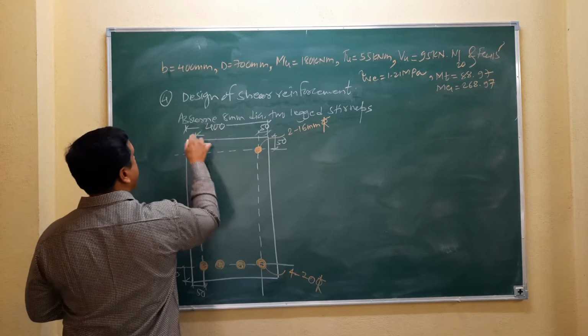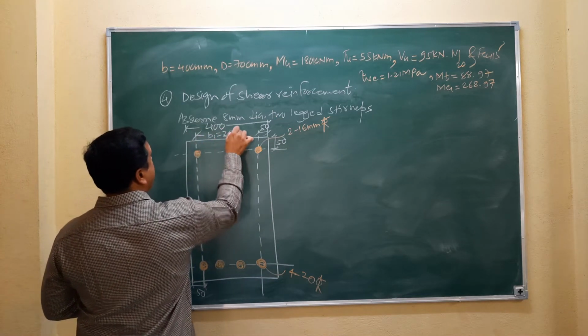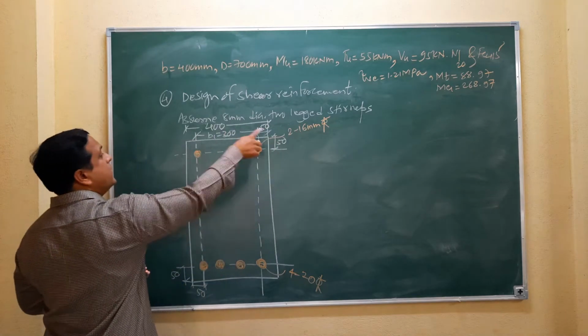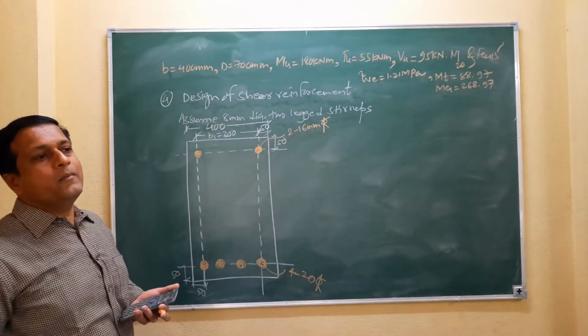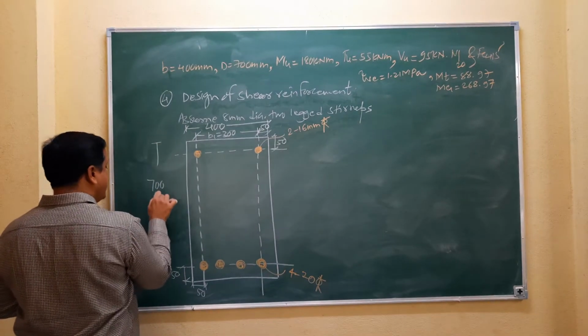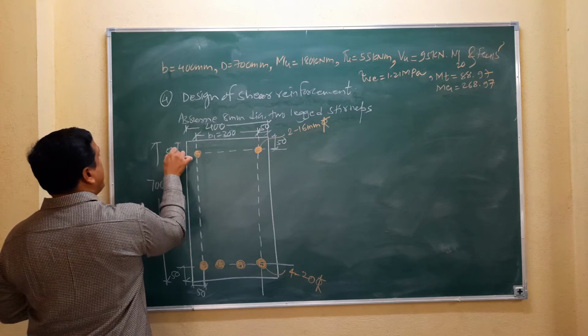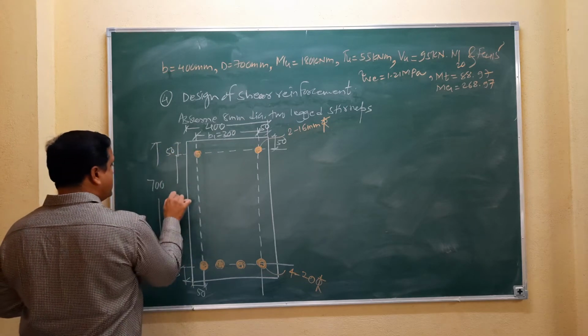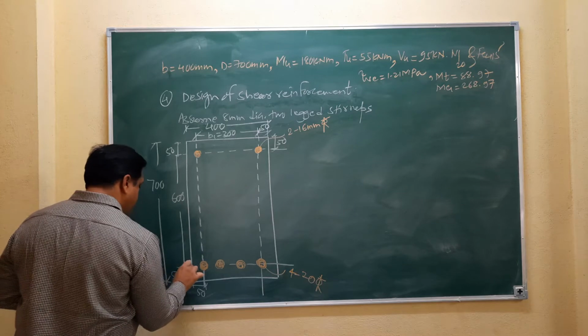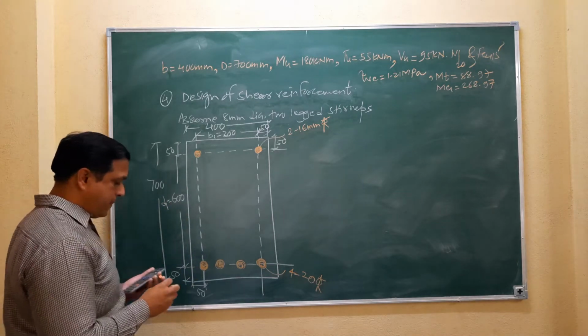If you deduct 50 from this, 50 from this, the b1 is 300 mm. That means 400 minus 50, 50, 400 minus 100, it is 300. Overall depth of section is 700 mm. Again deduct this 50, this 50, so the value of d1 is 600 mm.